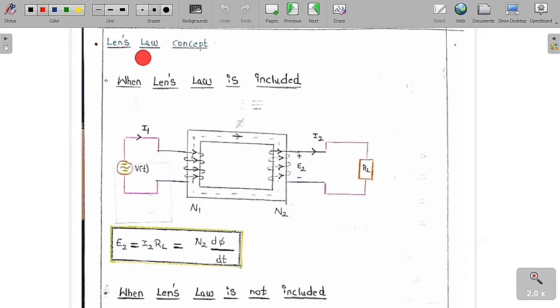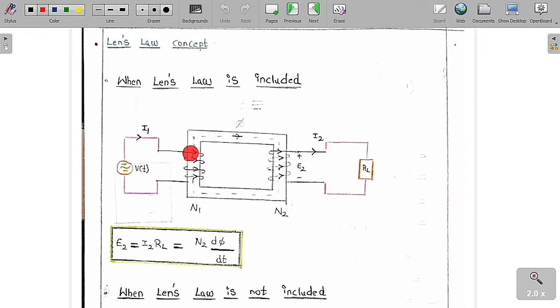Now we will discuss another concept, which is called Lenz's law. The true meaning of Lenz's law concept. When Lenz's law is included, what we have to see, listen carefully: there is a transformer core with the primary coil of N1 turns and the secondary coil of N2 turns.